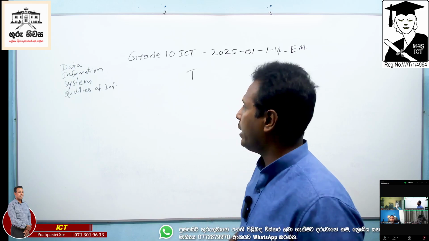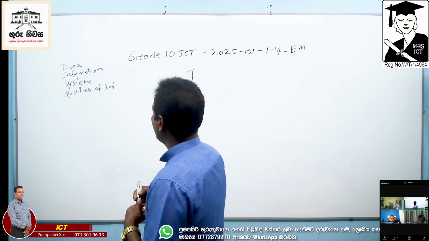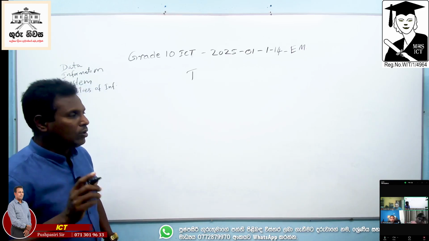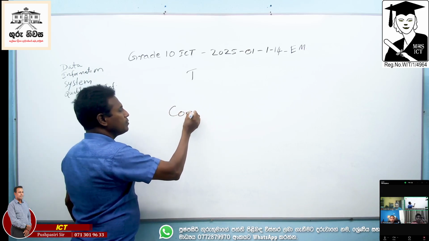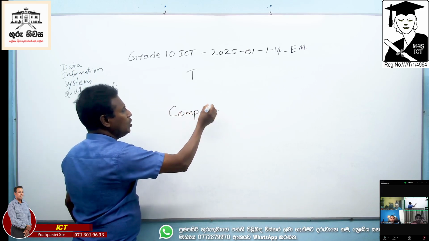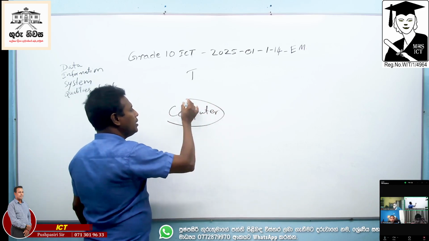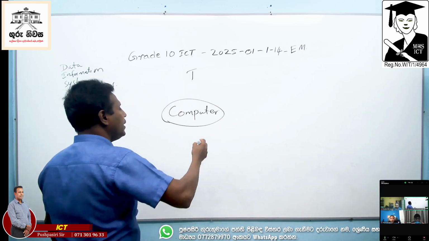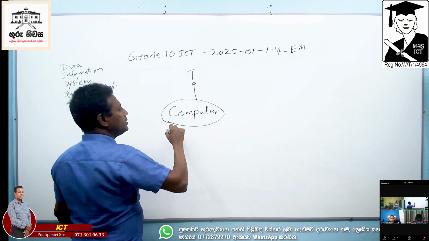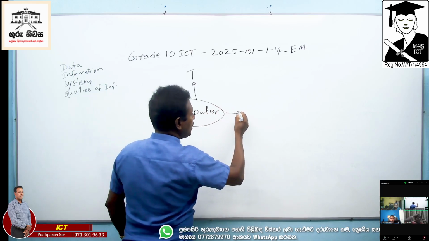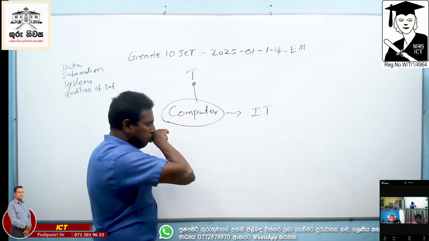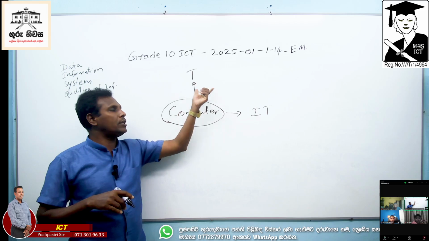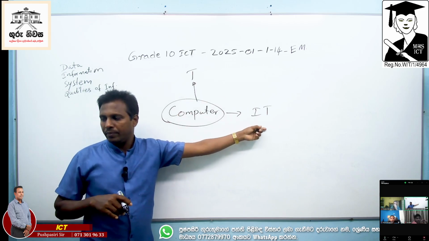Then at that time, people found a tool or equipment called the computer. So with the help of the computer, they could do a lot of work, and they joined it with the technology. Then it becomes IT. By using the computer to get information with technology, that's what we call IT, information technology.